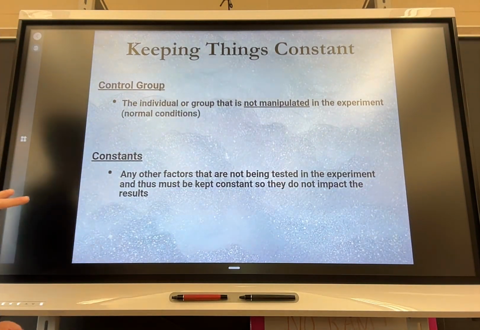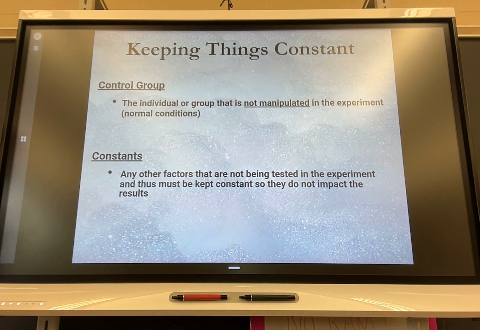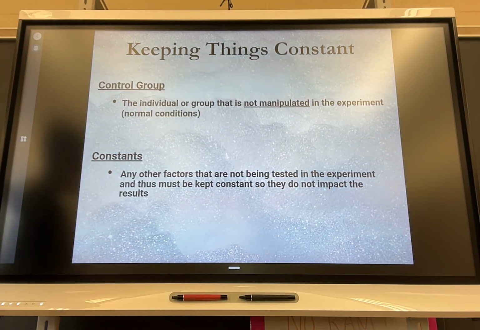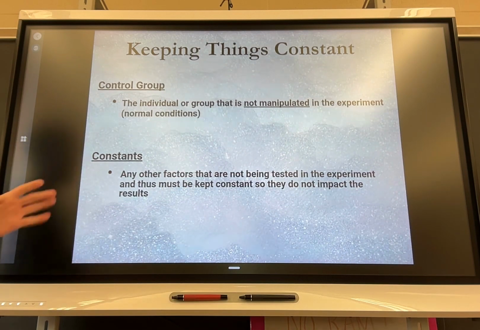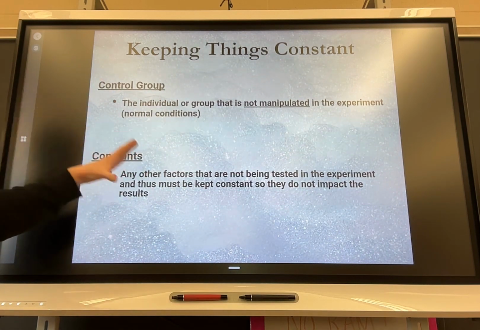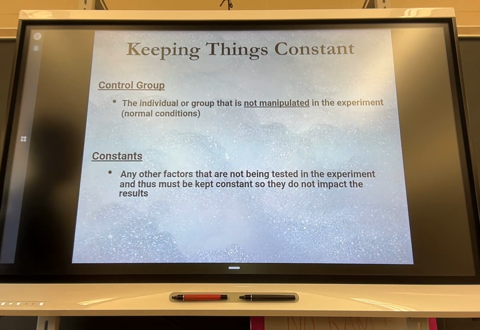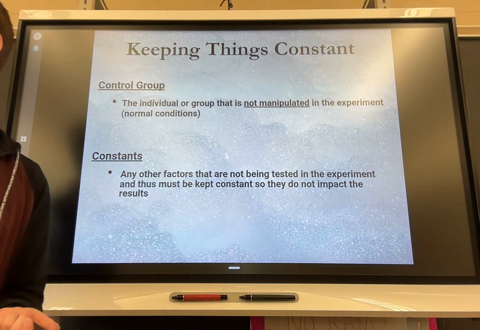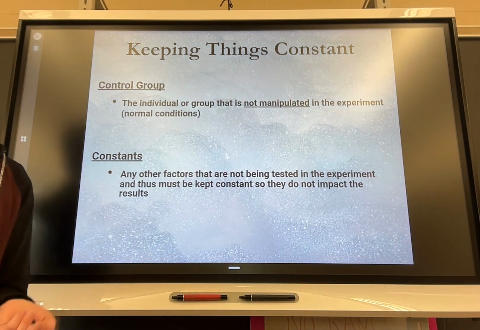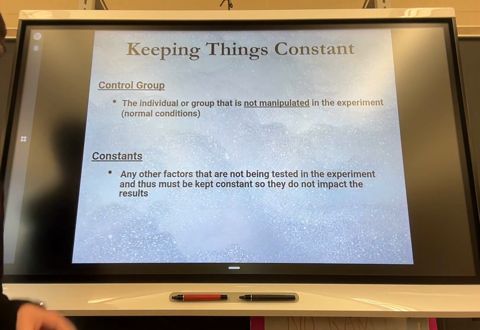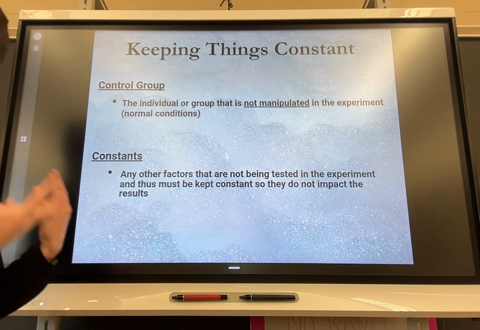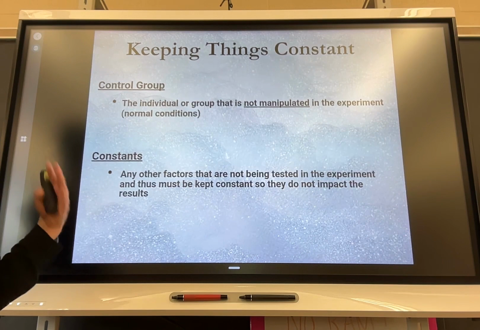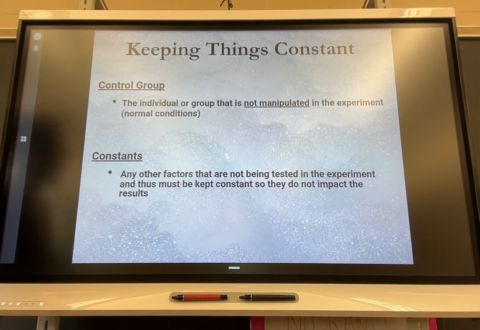Temperature, wind speed, water or precipitation, all of those would have to be considered so that we could keep this as stable as possible. We don't want any other factors influencing our variables. Maybe it was rainy a day, which caused a lot of the plants that were growing normally to rot or to die. So that could throw off our experiment and skew our results, which is not what we want to see.